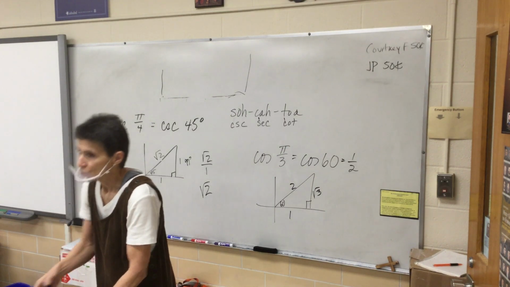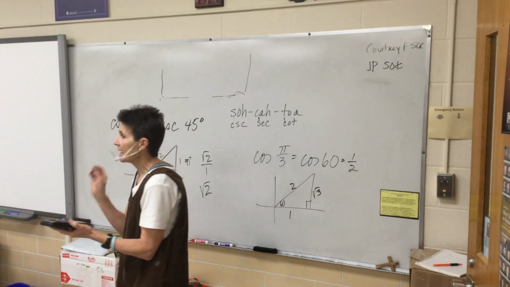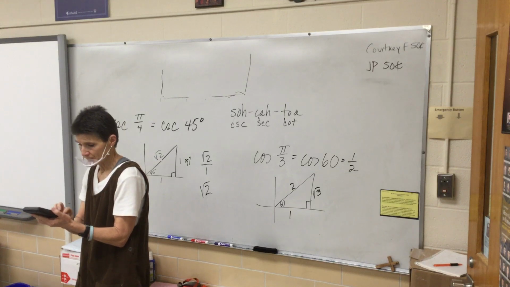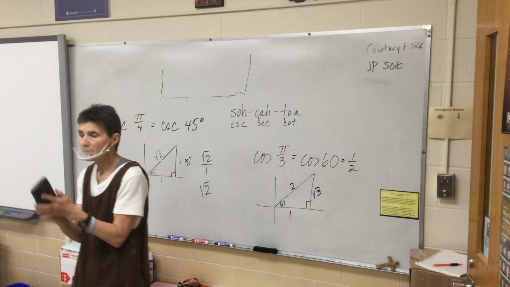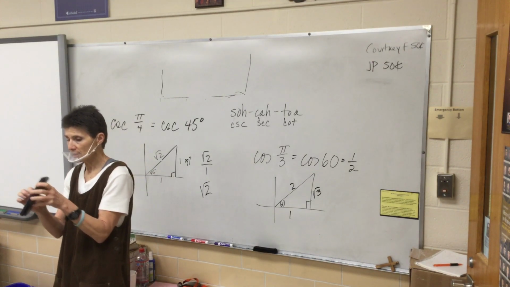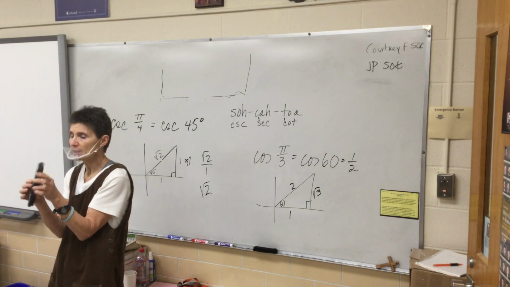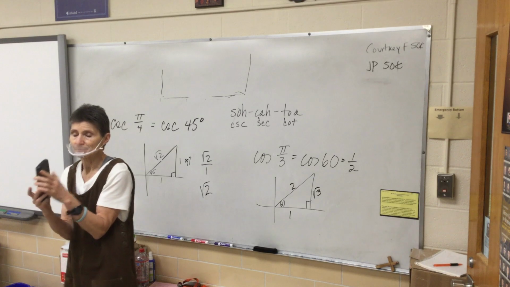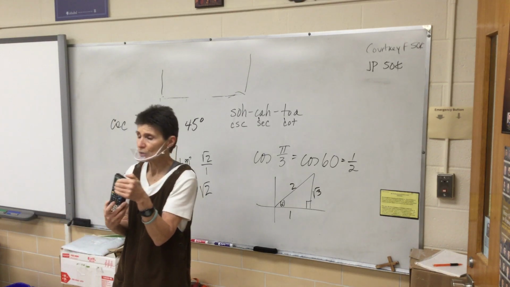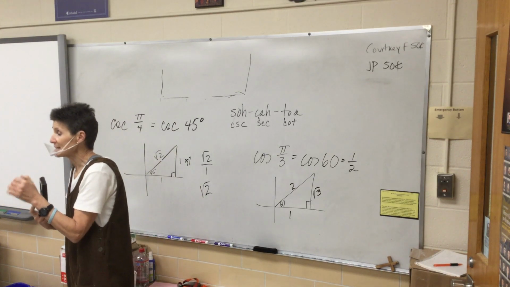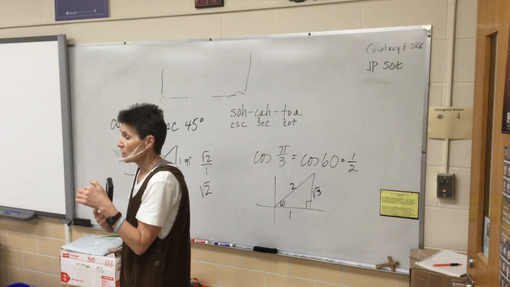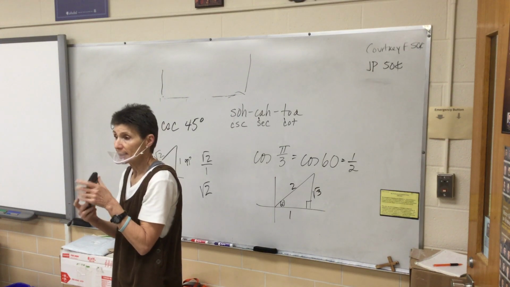All right, so first thing I need everyone to do is go to mode, and mode is right next to the second button. See mode, top row, mode. And when you press it, make sure that degrees is highlighted. If it's not, just click over to it and highlight it.